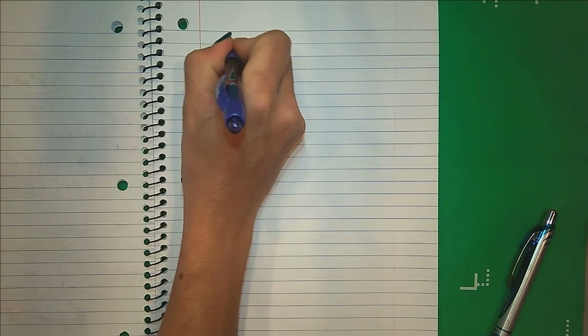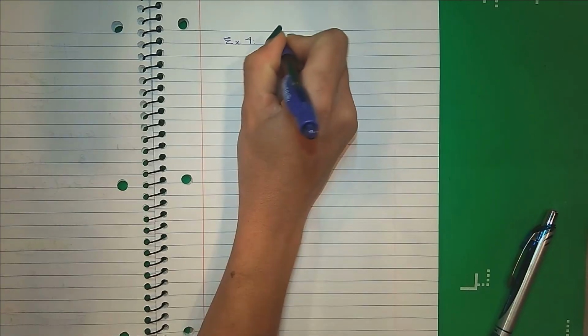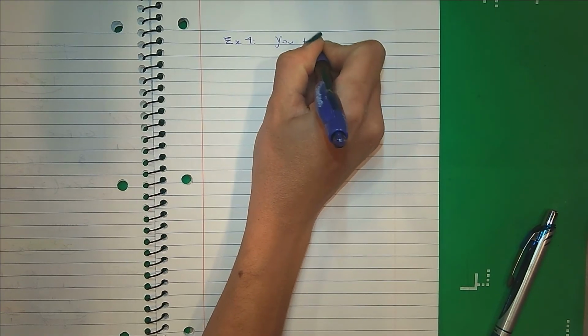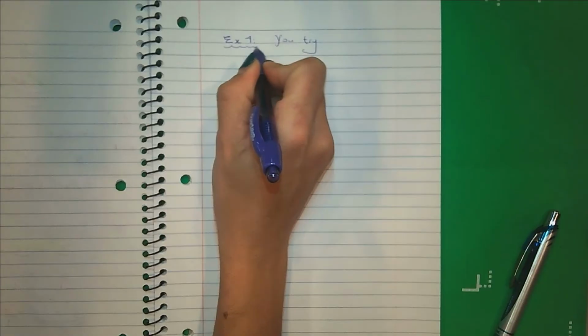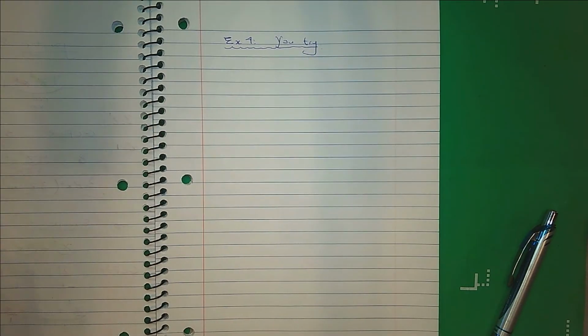Let's go ahead now and do the U-try part, and that will be example number 4. Please try to pause the video for 1 minute, just like we do in class, and do the U-try part.